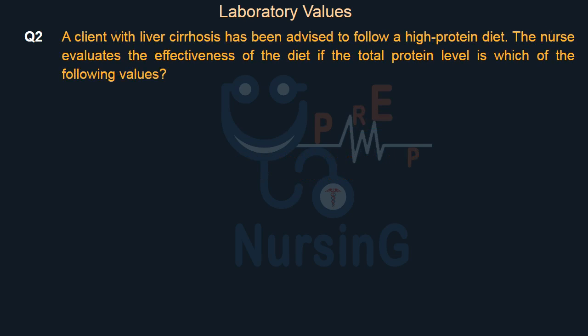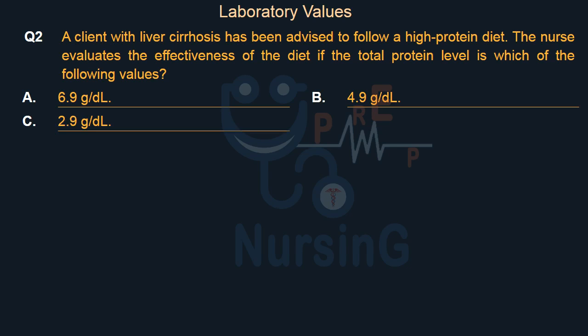A client with liver cirrhosis has been advised to follow a high-protein diet. The nurse evaluates the effectiveness of the diet if the total protein level is which of the following values? Option A, 6.9 grams/dl. Option B, 4.9 grams/dl. Option C, 2.9 grams/dl.